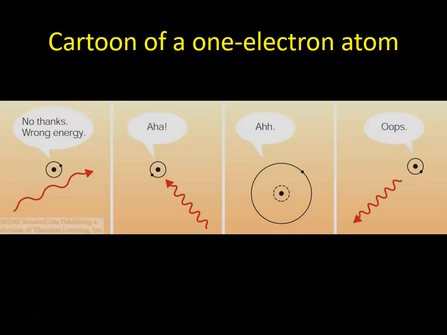As a result of this, a hot diffuse gas will have atoms and molecules that have electrons in higher energy levels, which means they are more likely to spontaneously emit radiation. And therefore you're going to see emission.